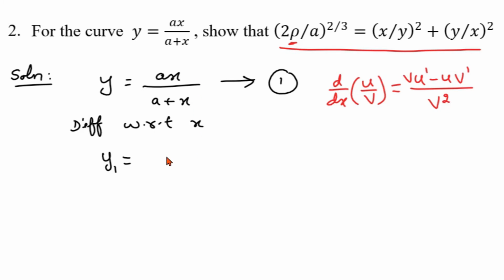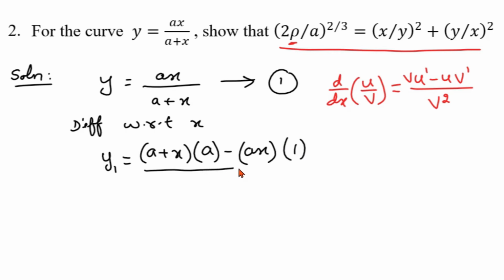V value in this case is a + x, times u dash, so differentiation of ax will be a, minus u value which is ax into differentiation of v, a + x, which will be just 1, whole divided by v square, that means the denominator square (a + x)².